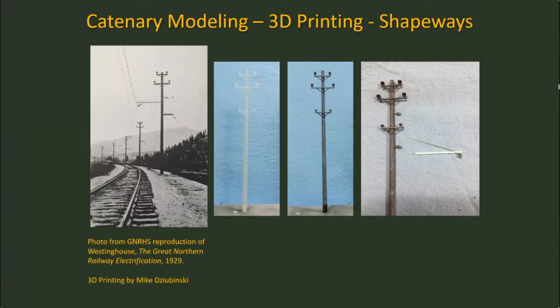And the raw tower is there, the first one on the left with the blue, then painted, and then the cross arm for the bottom that you see in the photos was scratch built from that 3D printed version, and it worked out pretty well. So I think they look good.